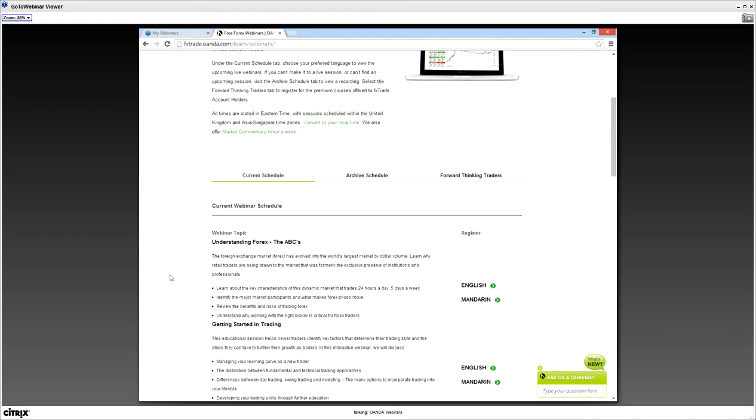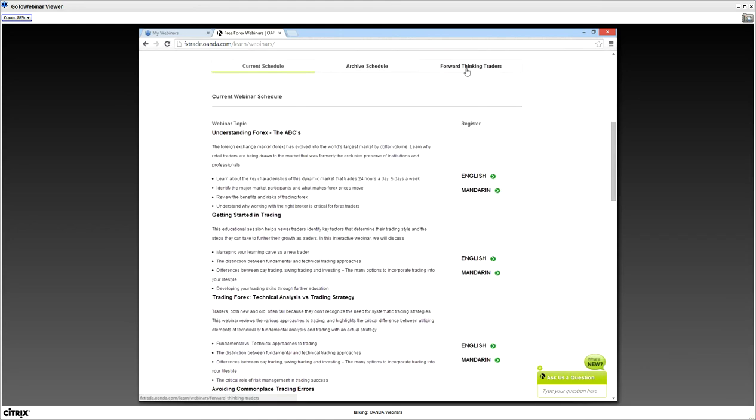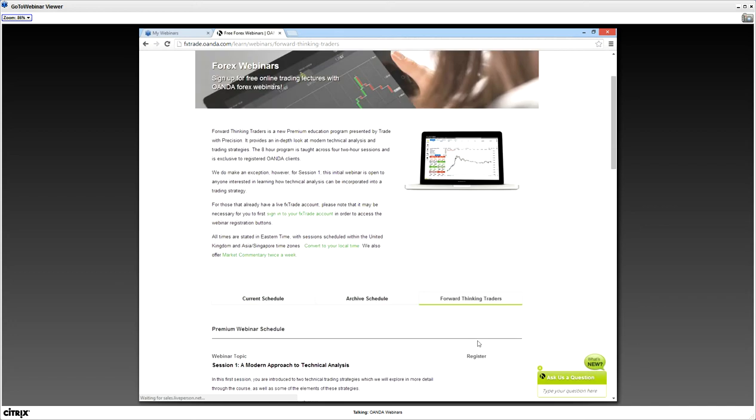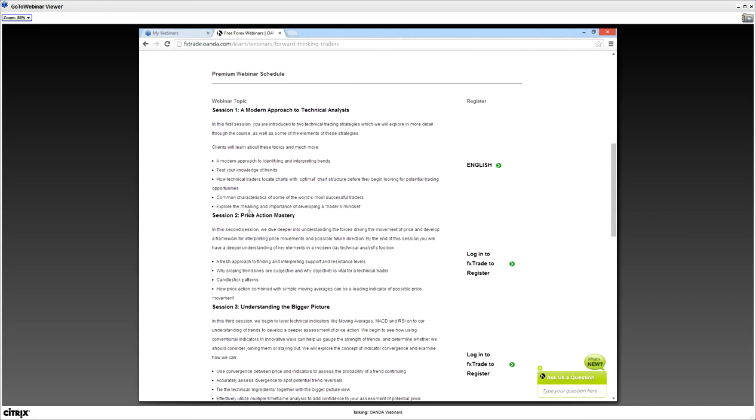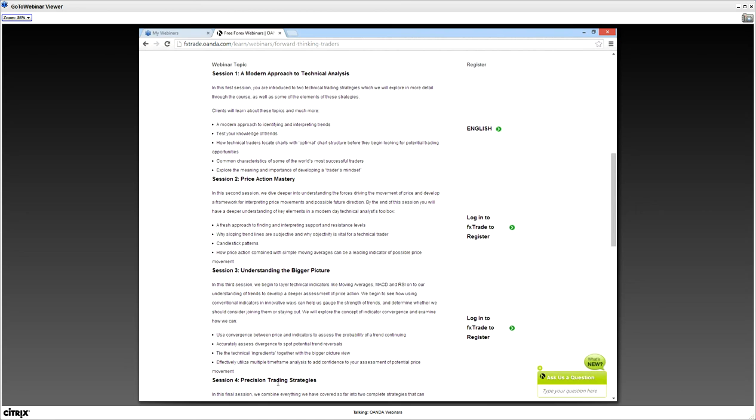Just scroll down. This is the current schedule, and where we're at right now is the Forward Thinking group. You just click on that, and then scroll down. It'll take you to all 4 parts of the series, give you the breakdown, and then you click on the language on the right side here, and it'll give you all the different sessions on when these are going to be available. We're doing them all basically on Mondays, and basically on the same time frames.